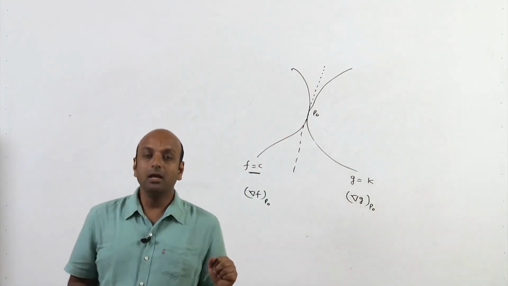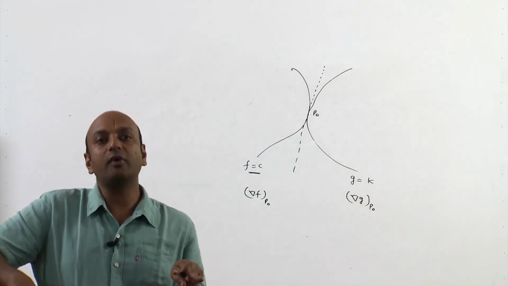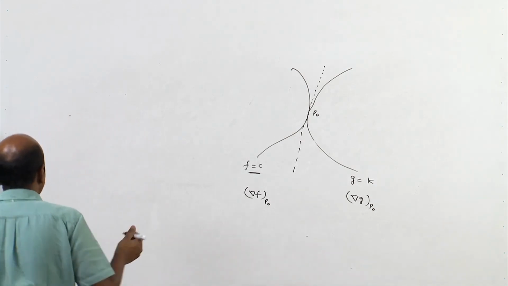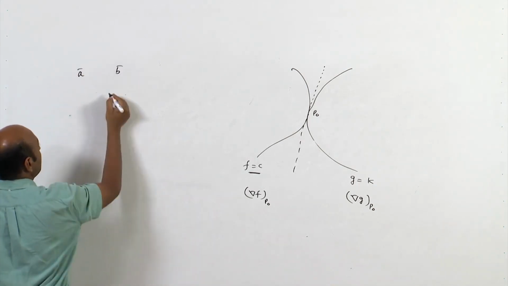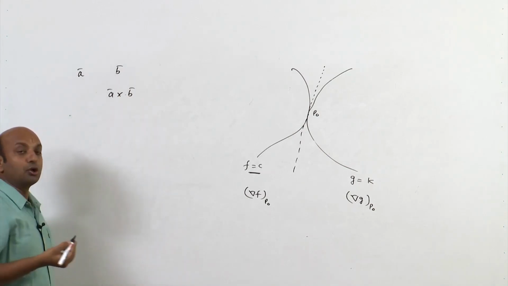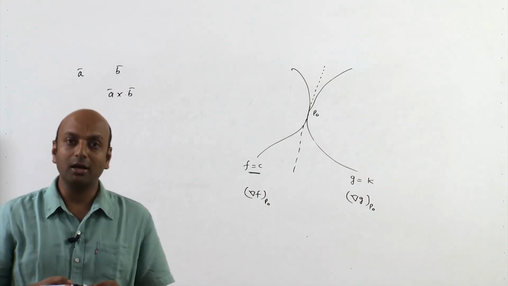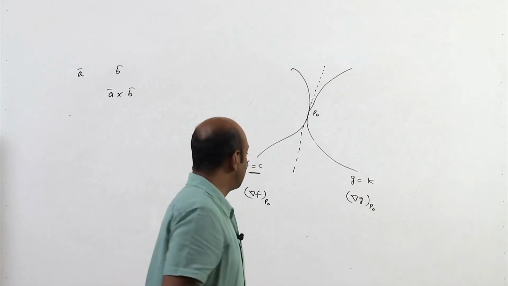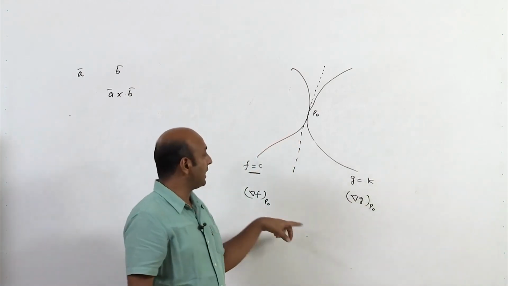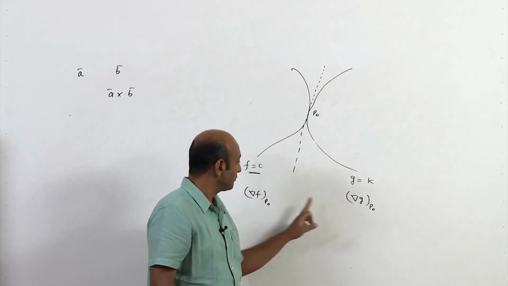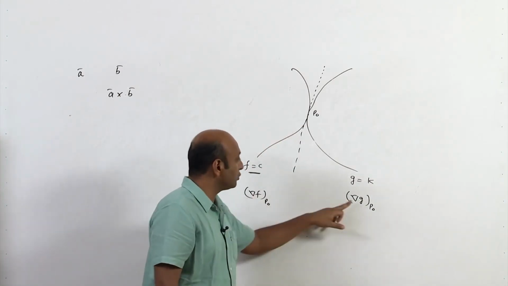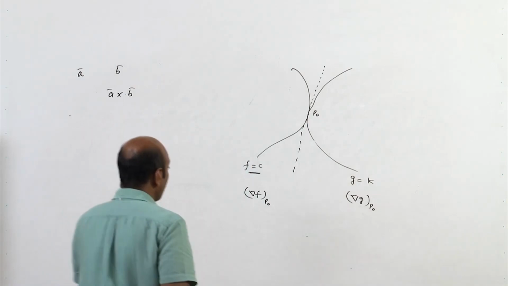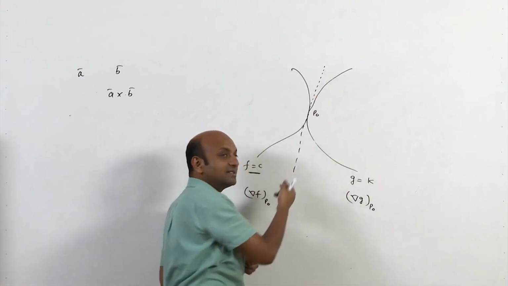So this is also normal to tangent line at P naught, and this is also normal to tangent line at P naught. Now the cross product of these two vectors will give a vector normal to, I mean when you are having two vectors a and b, the cross product of these gives a vector normal to both a and b. So the cross product of these two will give a vector normal to both vectors, and hence, when it is normal to this and normal to this, it is parallel to the tangent line, because these two are normal to this tangent line.